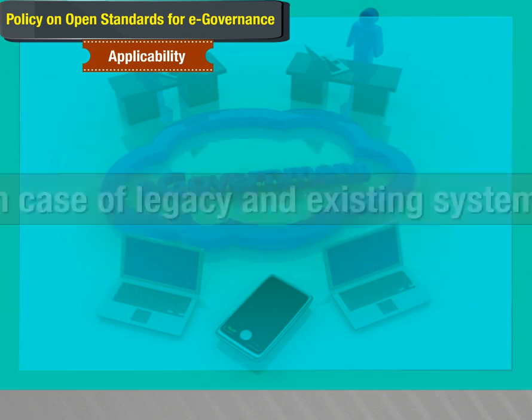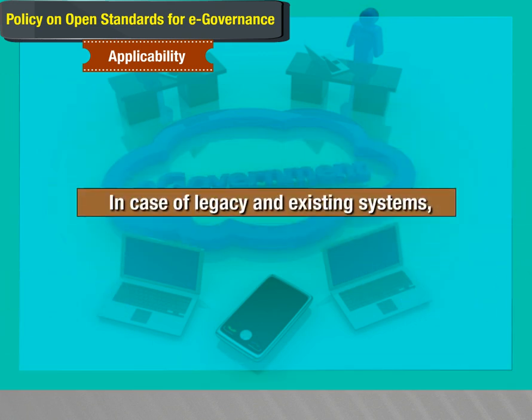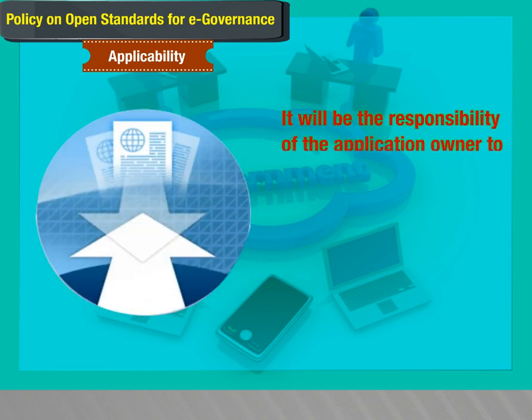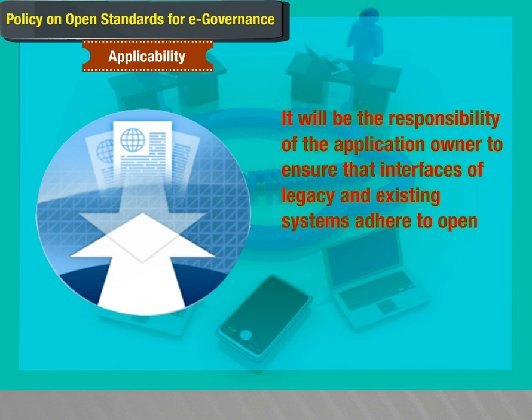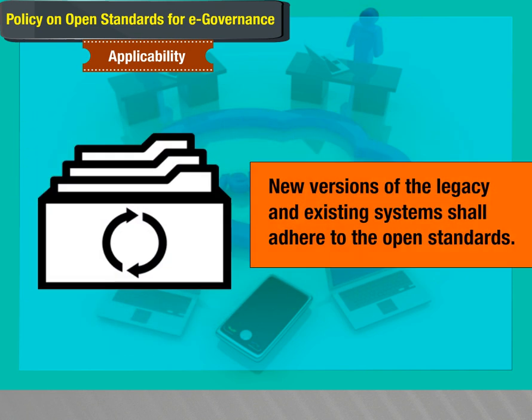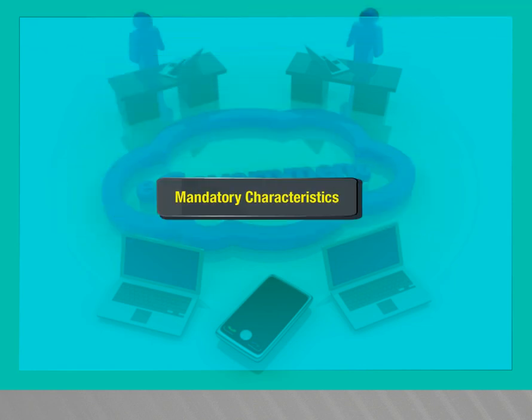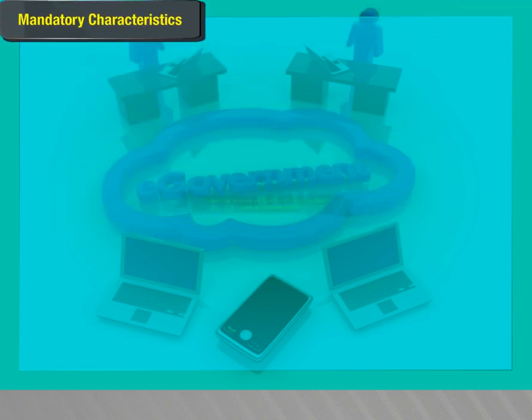In case of legacy and existing systems, it will be the responsibility of the application owner to ensure that interfaces of legacy and existing systems adhere to open standards when interacting with other systems. New versions of the legacy and existing systems shall adhere to the open standards. Mandatory characteristics.